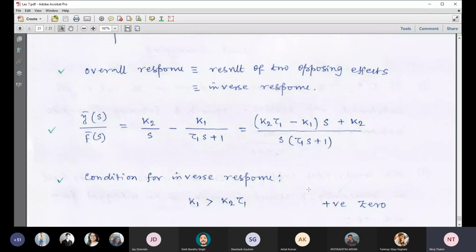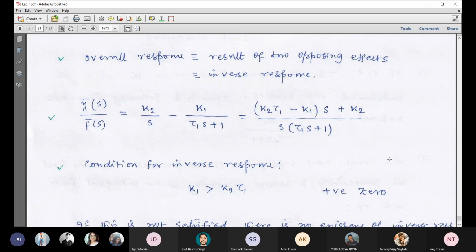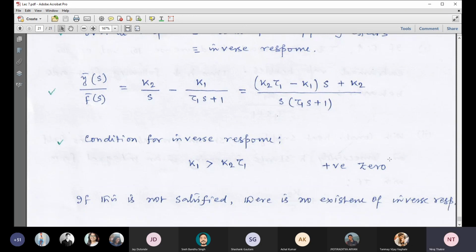I repeat, if a system has a positive zero, then it should show the inverse response. For this particular example, we can have a positive zero only if K1 is greater than K2 tau 1. If this is not satisfied, there is no existence of inverse response.